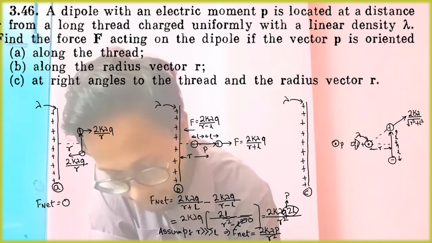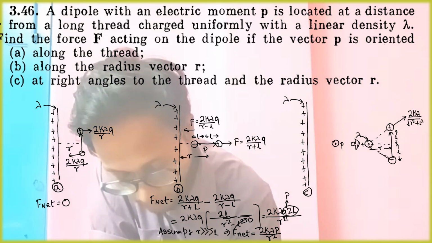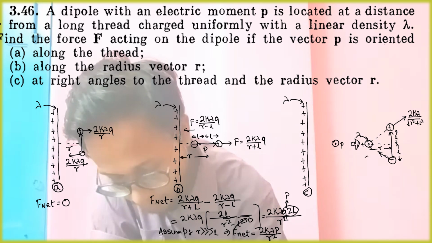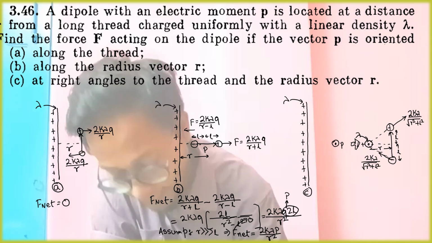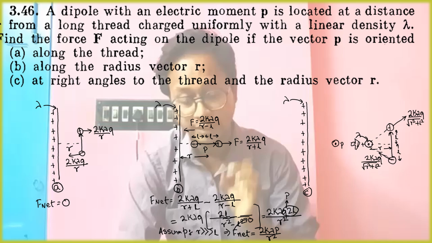And out here, in this direction, the force would be towards the charge. It would be 2kλ/√(R²+l²), isn't it? And one more thing, I forgot the q. Force is nothing but electric field into charge.